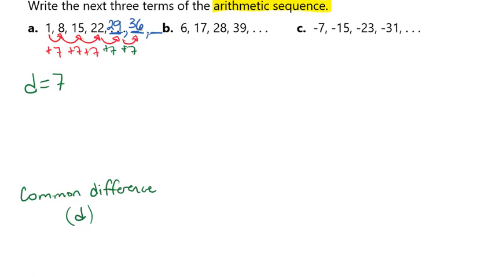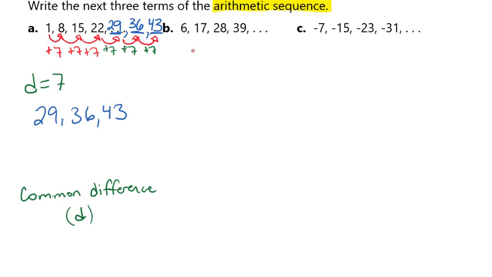Okay. Then to get from 36, my screen froze, plus 7. So 36 plus 7 is going to be 43. So here we see that our 3 terms are 29, 36, and 43.